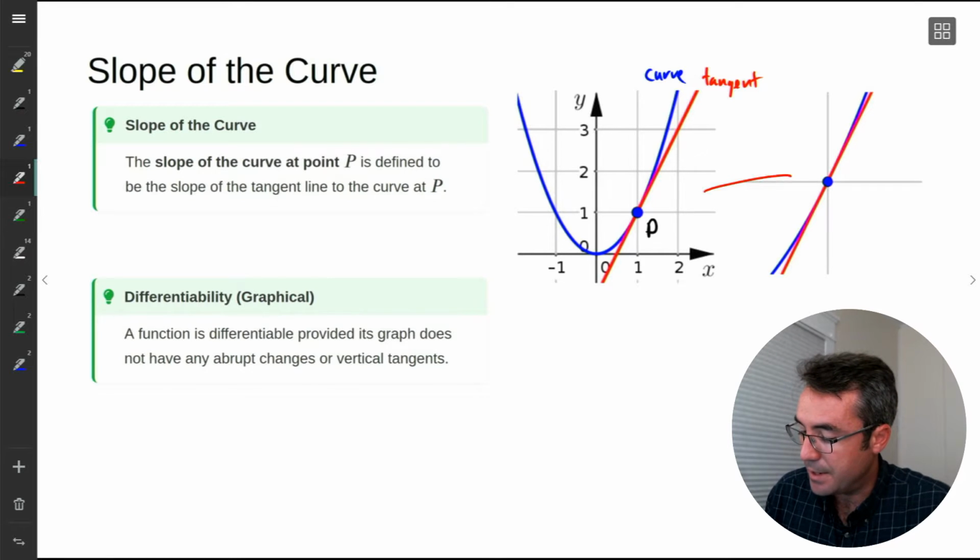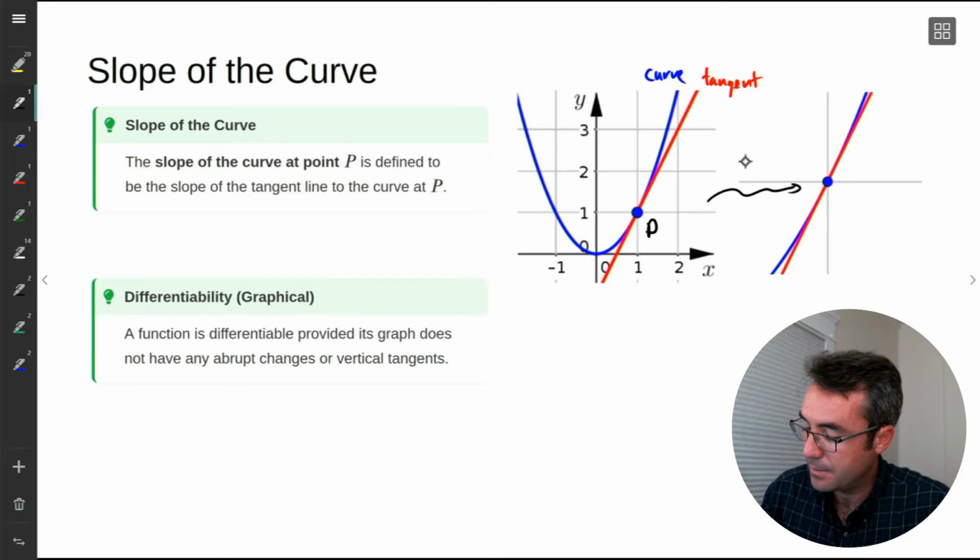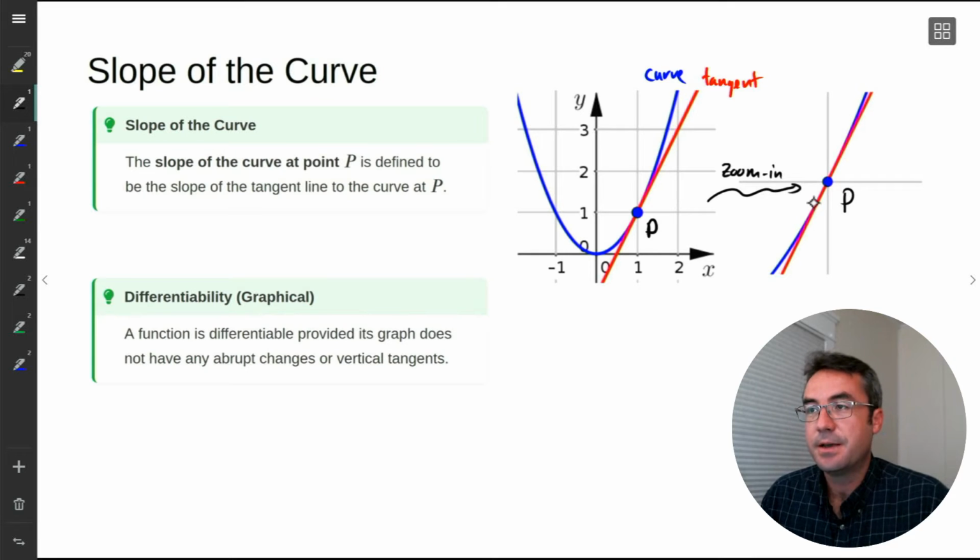If we zoom in on point P, here it is. You can see the curve and you can see the tangent line, but right around point P, you can't really tell the difference. Our curve looks really similar to our tangent line right at that point P.